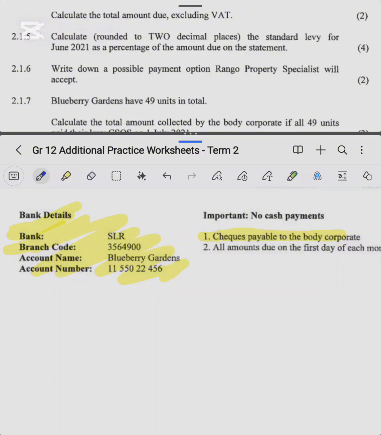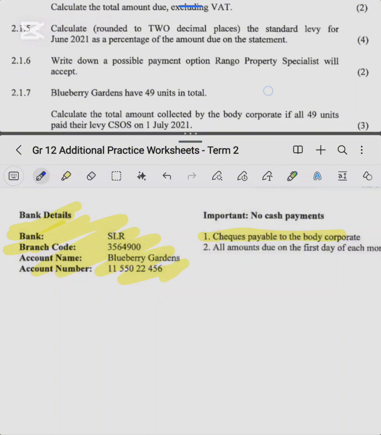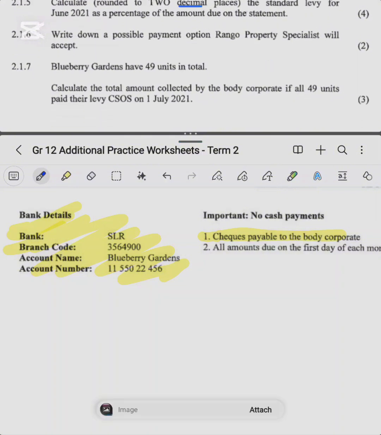All right. And then our last sub-question for this invoice, they tell us here, Blueberry Gardens has 49 units in total. Calculate the total amount collected by the body corporate if all 49 units pay their CSOS levy on the 1st of July. This is quite straightforward.